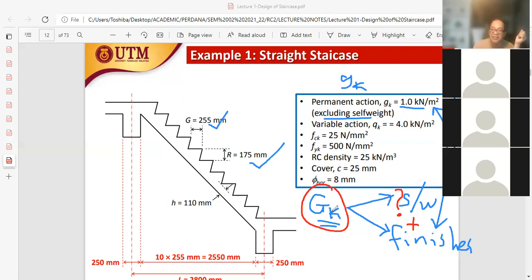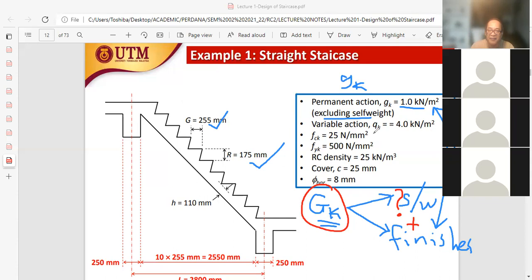So the total GK on the beam would comprise the self-weight of the beam plus the brick wall, which is acting directly on top of the beam. So the finishes component can be replaced by the brick wall component if you are tackling problems related to beams. But if problems are related to slabs and also staircases, then the self-weight and the finishes would be the primary and secondary components of a GK.